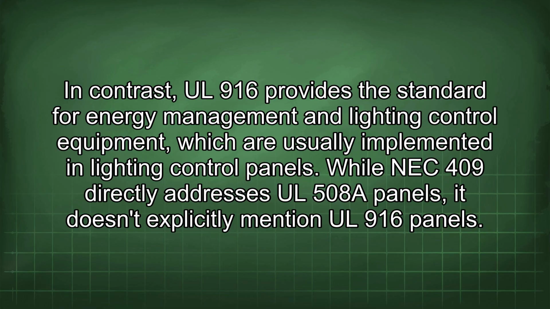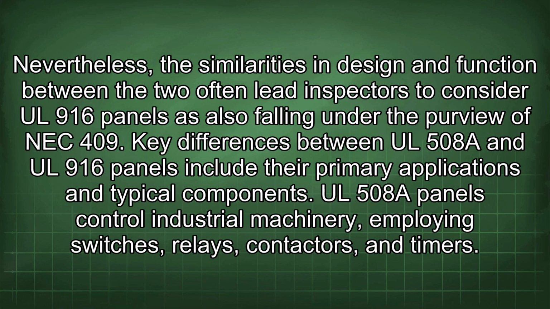In contrast, UL 916 provides the standard for energy management and lighting control equipment, which are usually implemented in lighting control panels. While NEC 409 directly addresses UL 508 panels, it doesn't explicitly mention UL 916 panels. Nevertheless, the similarities in design and function between the two often lead inspectors to consider UL 916 panels as also falling under the purview of NEC 409.